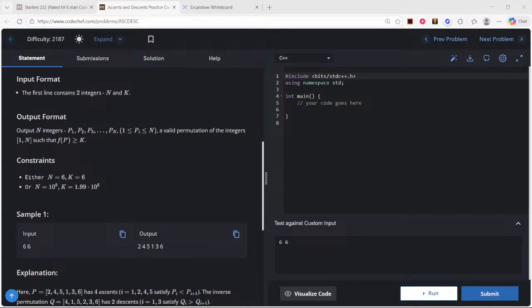So Q of 5 is equals to 3, and Q of P4 is equals to 4, and P4 is 1, so Q of 1 is equals to 4, and P5 is 3, so Q of 3 is equals to 5.